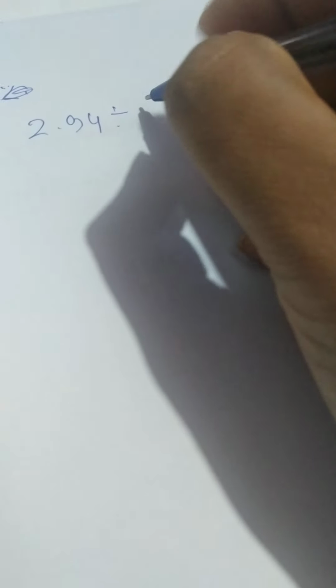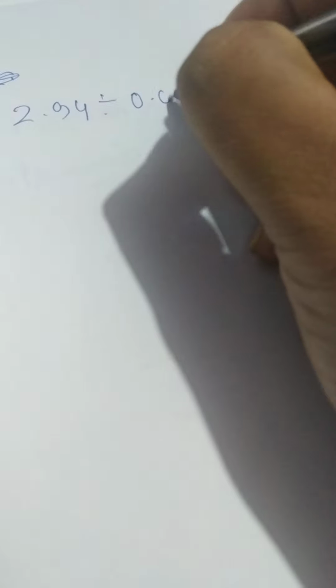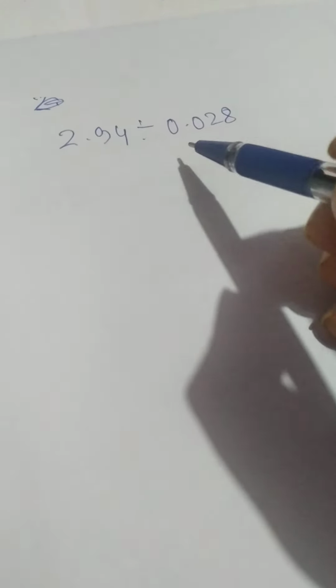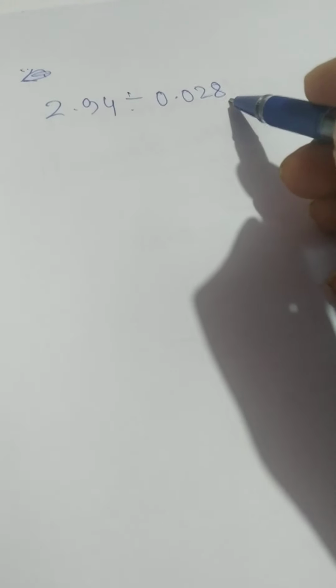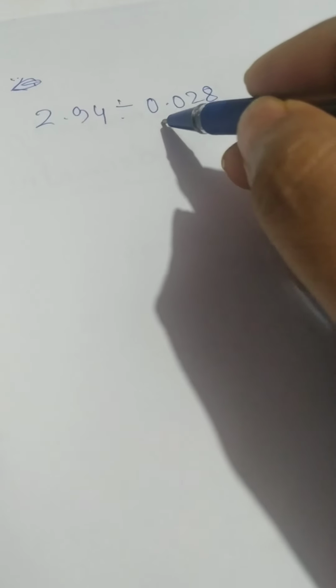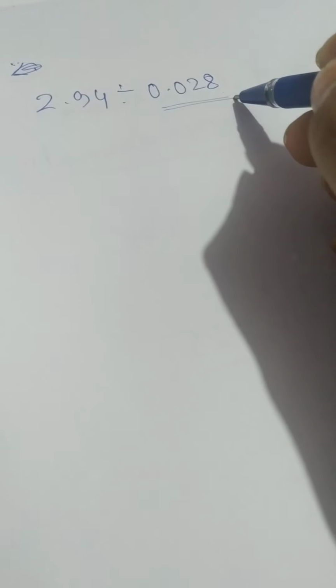Let's say 2.94 divided by 0.028. You can see after the decimal how many digits are there? 1, 2, 3 digits. So I need to check the divisor always.